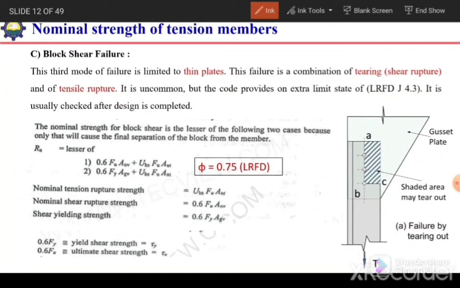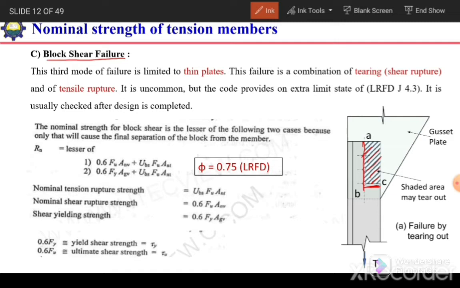Okay, the next limit state is block shear failure. We need to consider the strength corresponding to block shear failure. As we have seen earlier, block shear failure occurs when tension rupture as well as shear rupture occur simultaneously and some portion of the connection is torn out of the member.